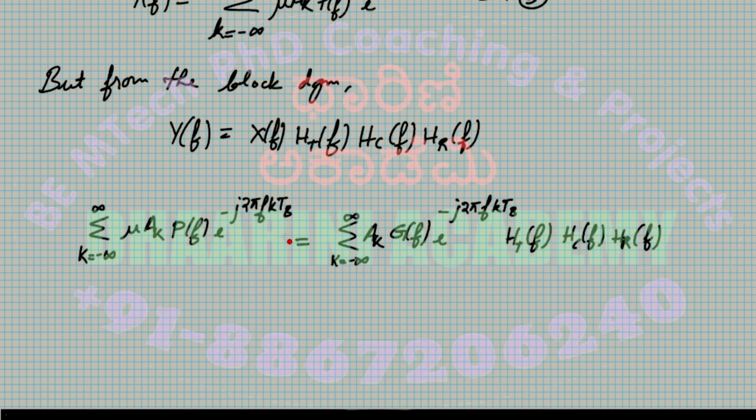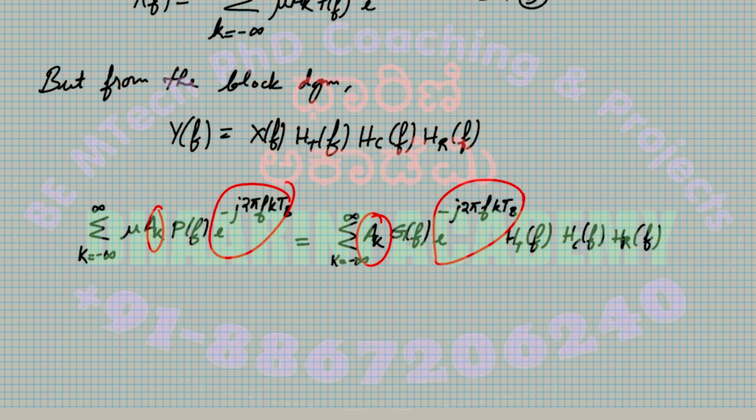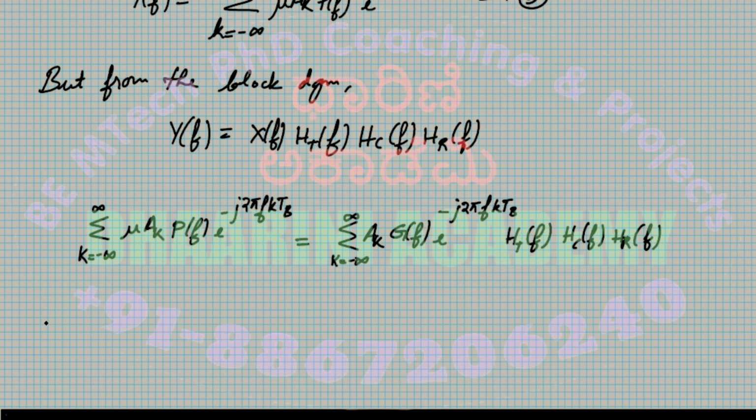Then I can see that the ak which is here, the same ak I got, I can still cancel. E to the power same will get cancelled. Remaining terms I cannot cancel. I am going to write them now. So after cancellation, this implies what's going to remain? Mu into P of f will remain.